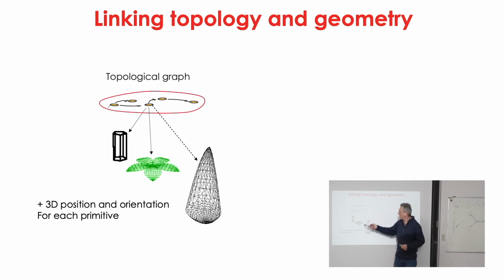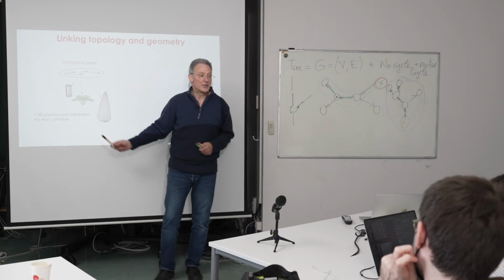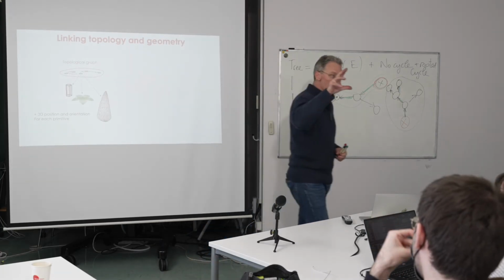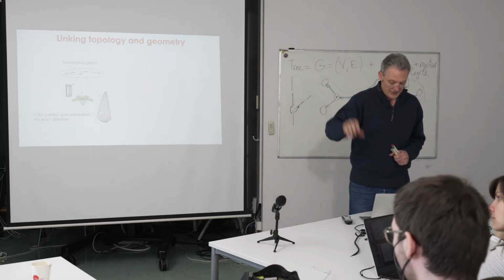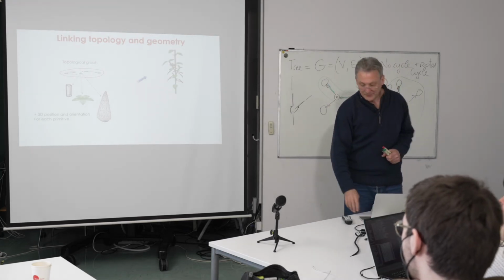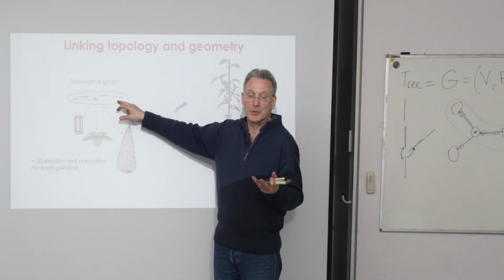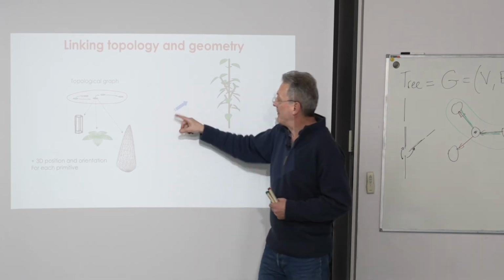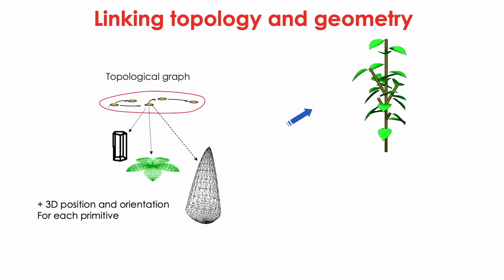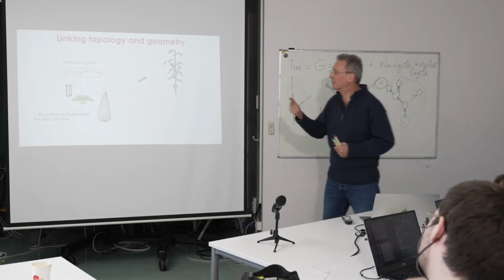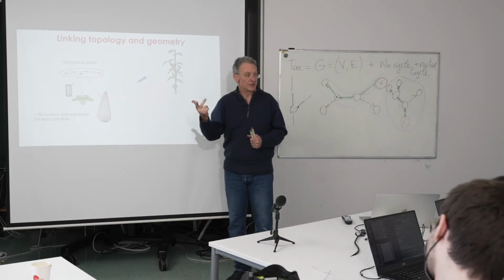So if I want to represent this node, I would choose a geometric model, and then attach information that makes it possible to position the element in the tree. If I attach geometrical attributes to my graph, I'm able to compute both the topology of the plant and the geometry of the plant at the same time, with the same computational object.